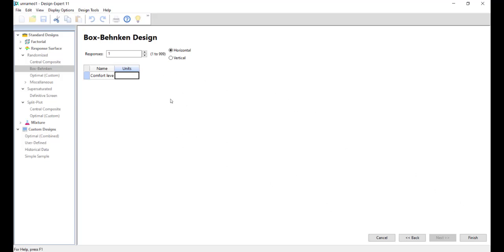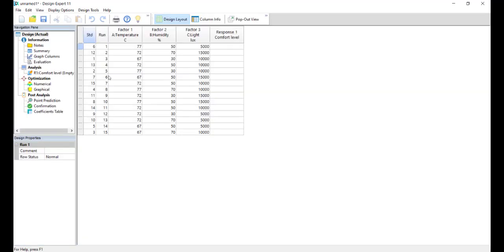Then we can go and see our runs here. Here it is. We have 15 runs or 15 experiments. As you can see here, the center point will automatically be used as one center, as the center of those two high and low values.